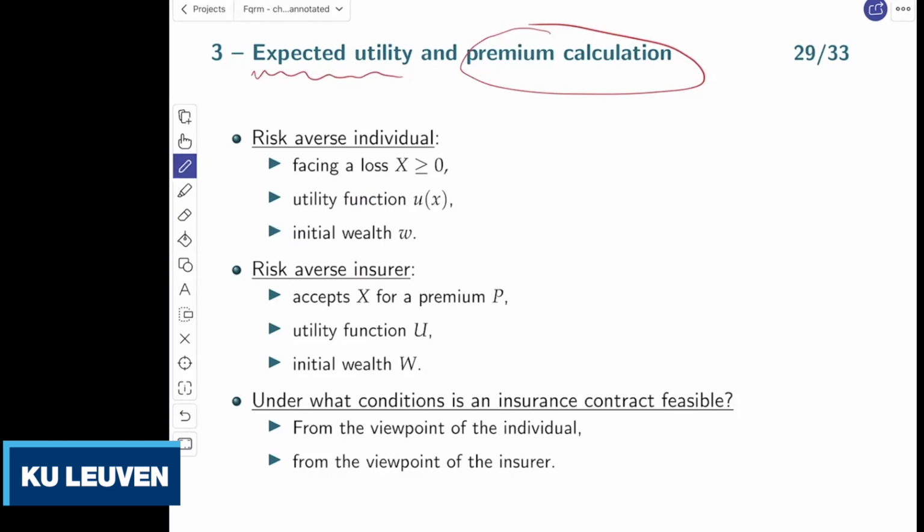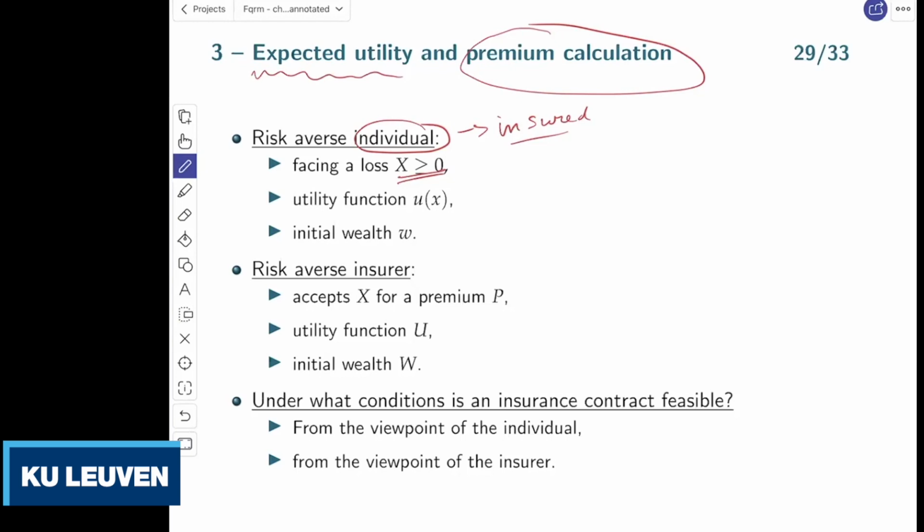On one hand, there is an individual, the insured, or at least the person that is looking for insurance. This person is facing a loss X which is positive. Could be your car, right? You want to insure your car and you know that maybe I will not have any accident in the next year, then my loss is zero. Or if there will be an accident, I will have a positive loss. I don't know exactly what amount I will claim during that year, so that's the random variable X.